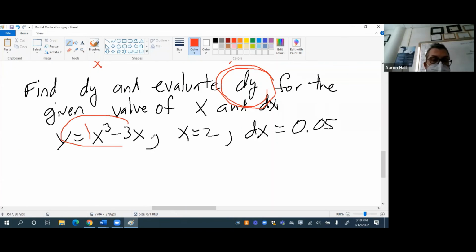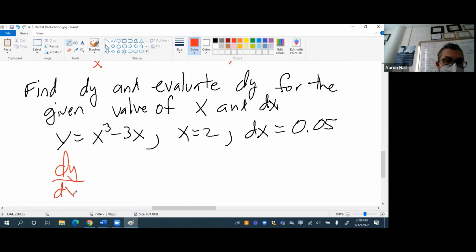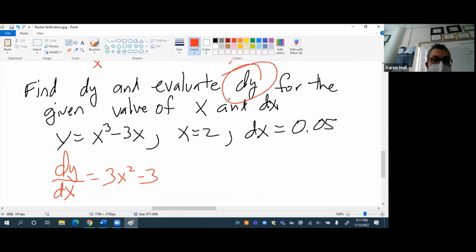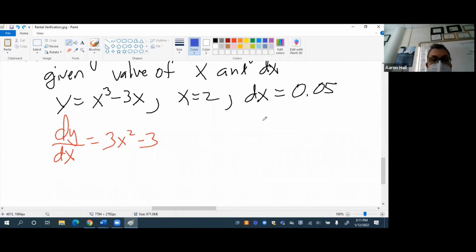Can't we take the derivative of this? Okay. If I take the derivative, I get dy/dx, the derivative of y with respect to x, and that's going to equal what? 3x squared minus 3. Okay. Is there a way I can solve for dy? How can I get dy by itself?